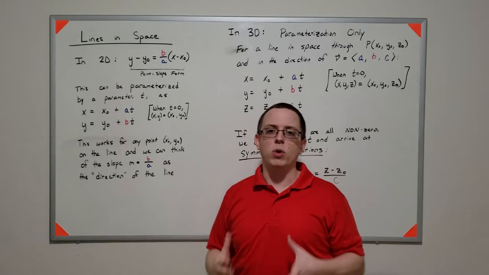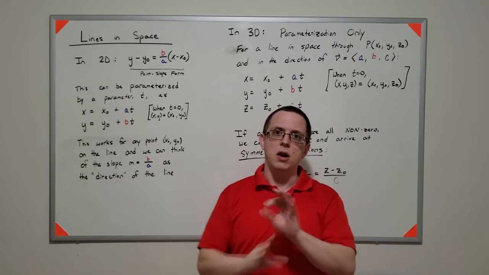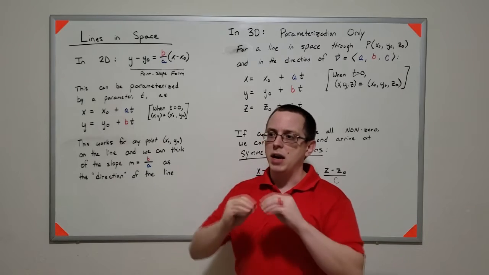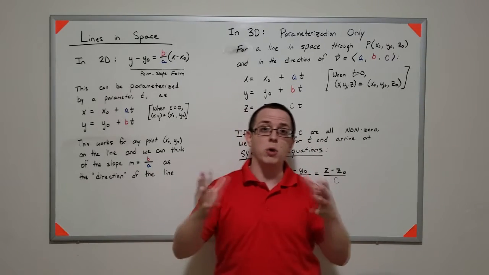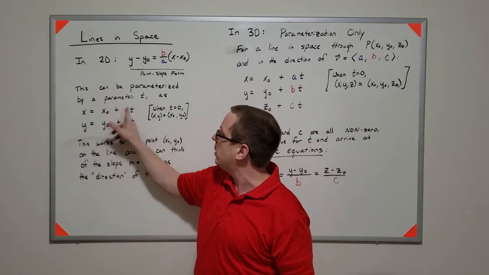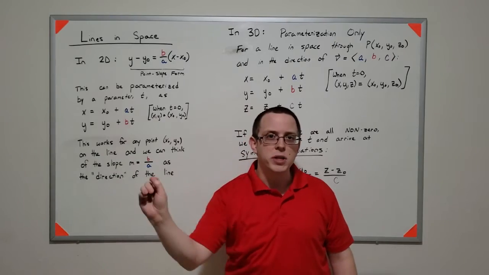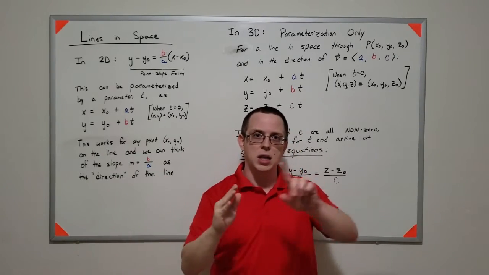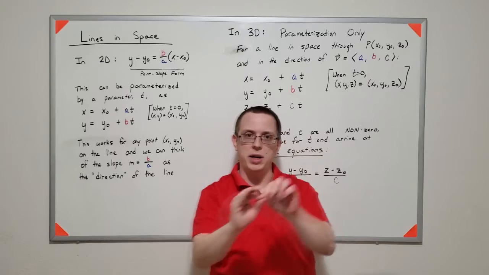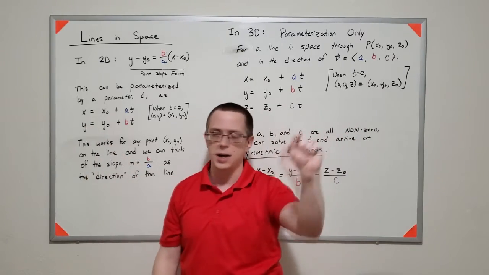Now, the reason why we might want to do that is that then we can drive the line completely upon t. So if I was writing a computer program or something like that, I can define these functions, fill in every number except for t, and I could almost have like a slider, and I could slide t and the locations for x and y would slide up and down the line.